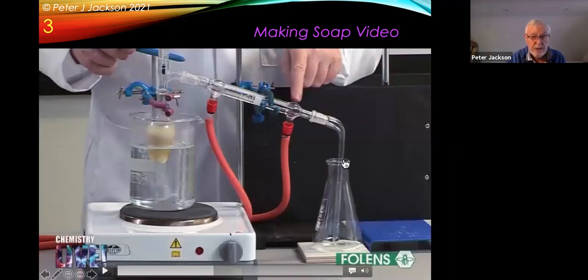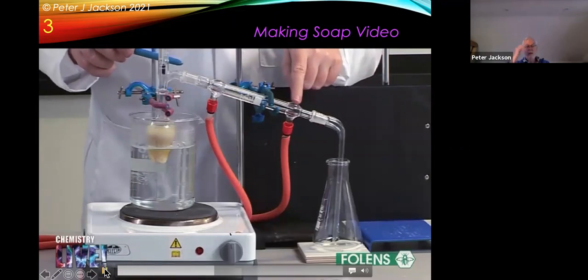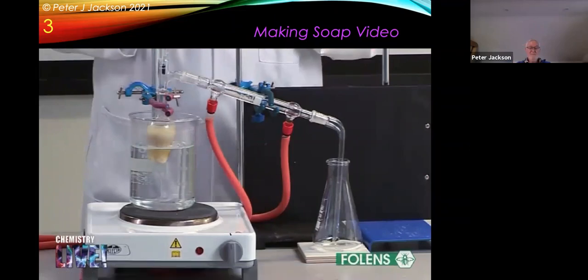You don't need this. All you need here is a beaker to catch the ethanol that's going to be coming out. You don't need the fancy bits. Easier for us to isolate the soap. Gently heat the flask using the water bath.